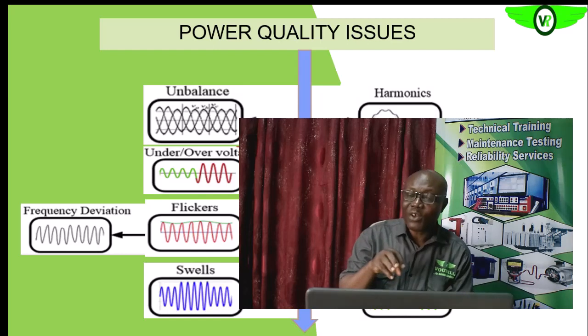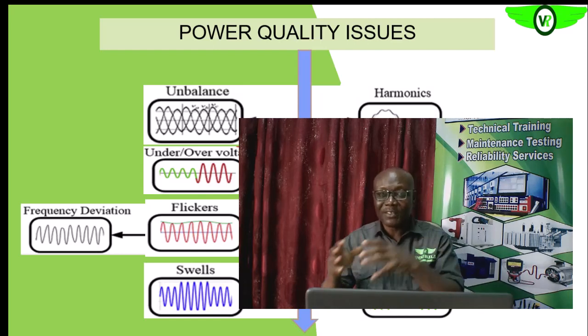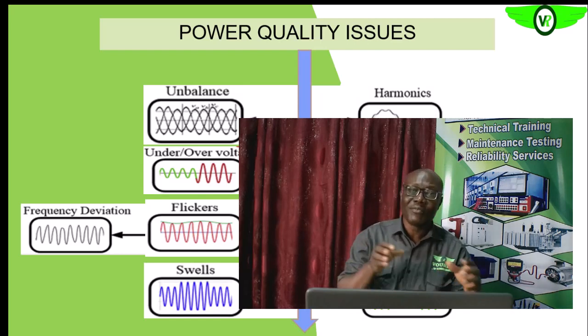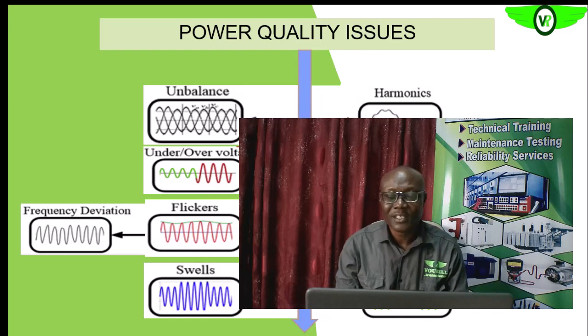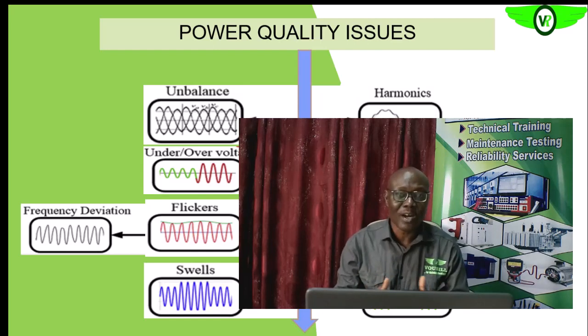So if this driven equipment is a pump, it means that at times it will deliver more than what is expected, and at times it will deliver less than what is expected. If it is a compressor, the same thing too. Okay, and such variation we know is not good for our process, especially for sensitive processes.